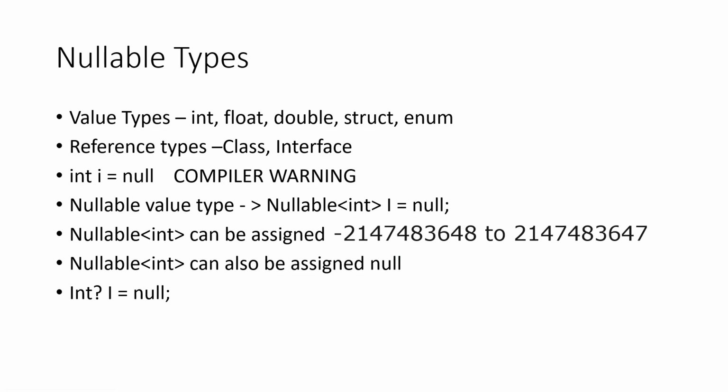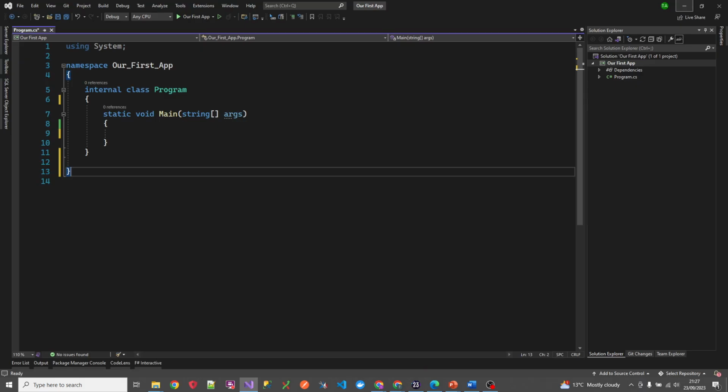There is an easier alternative for declaring a nullable value type, and that's by using the question mark sign. So I can also declare it like that, and that equates to basically the same thing.